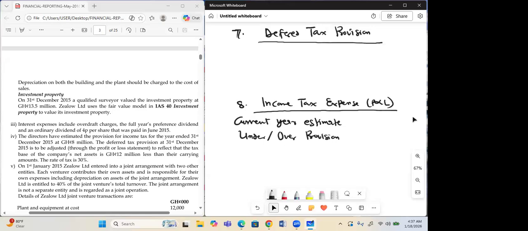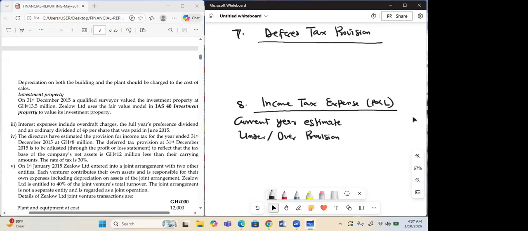So the taxman will take the profit you have declared in accounting, then add back the non-allowable deductions like depreciation, penalties and fines. Then he will get the true value of your profit and declare the true tax for you.